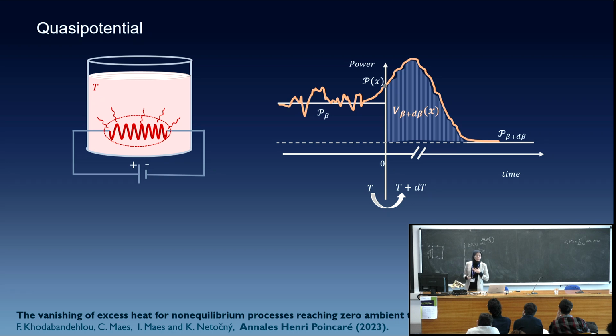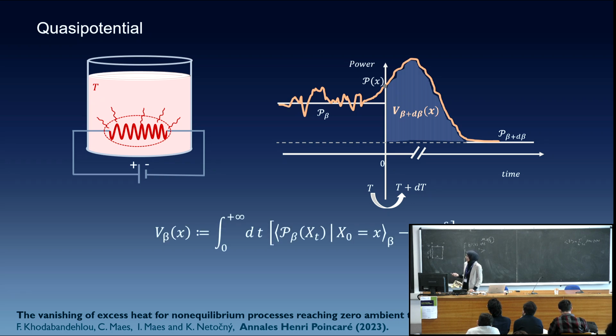We are interested in this area, the integral of this area. And of course, it depends on the excess heat as well. Then we are looking at this quantity, we call it the quasi-potential. This is the definition of quasi-potential.